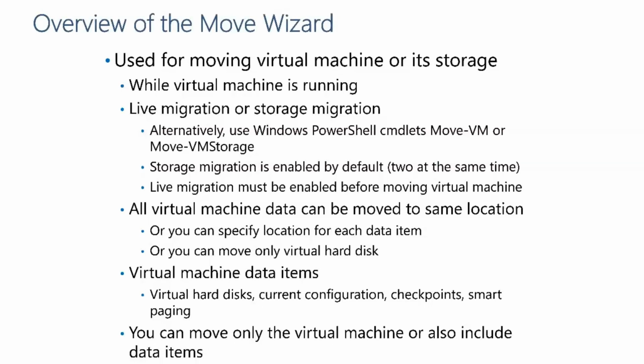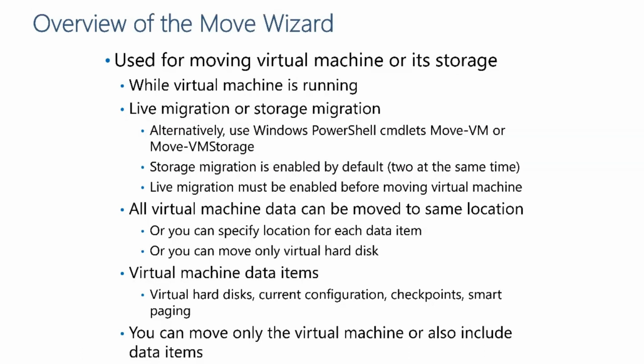Virtual machine data items, so you've got the virtual hard disk, the current configuration, the checkpoints, the smart paging. So if we compare it to VMware, the virtual hard disks are like your VMDK files. The current configuration is like your VMX file. The checkpoints are like your snapshots, which are your generated VMDK files that have those little numbers behind them. And the smart paging is your virtual memory.